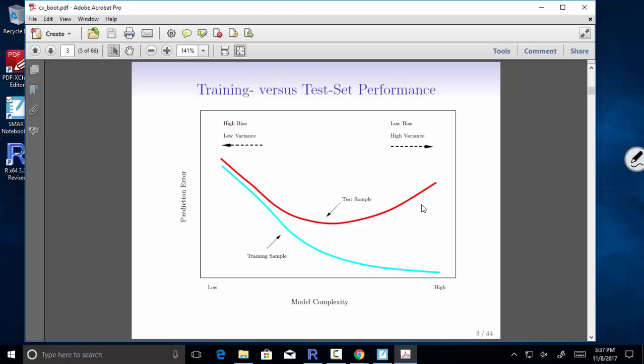And so if you have a predictor variable that you're considering putting in or not putting into a regression model, if its coefficient is really equal to 0, if it really has nothing to do with the response, then adding it to the model will increase error because you're adding a noisy component to your model. That's why beyond a certain point of model complexity, you see the red curve going up.